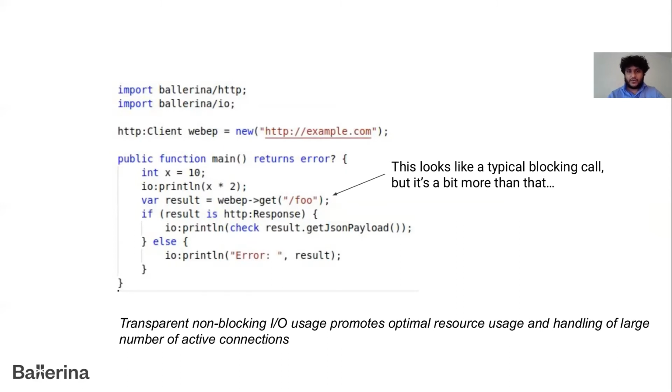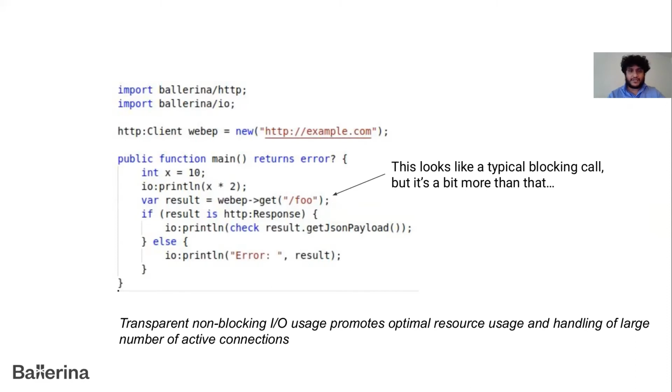So no operating system level threads are blocked in that manner. Those are immediately released when we do those kinds of operations, and only when our IO operations are done, they resume with a physical thread.